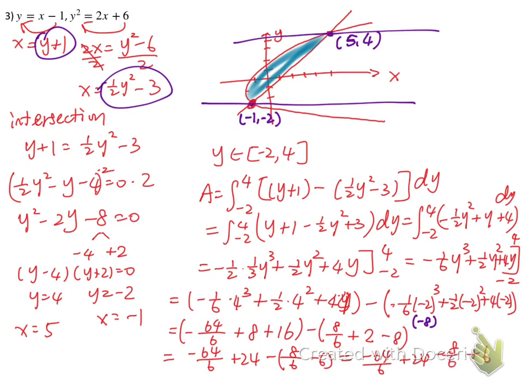So I'm having these two terms with a common denominator 6. So that is negative 72 over 6 plus 30. Negative 12 plus 30.